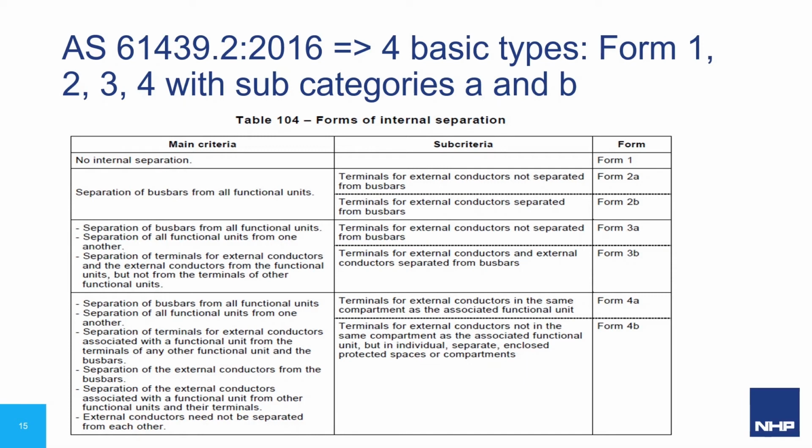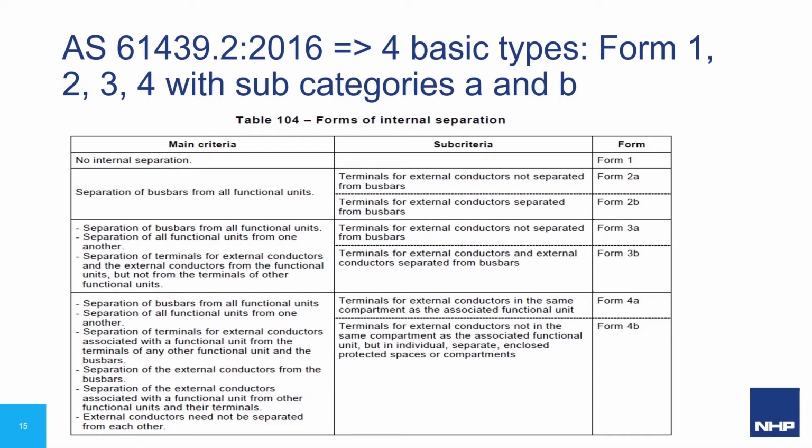Table 104 in 61439 lists the forms of separation, as can be seen in the far right column. This is the name of the form and will describe how the elements we have defined will be separated from each other. The number alone specifies the main criteria, as can be seen in the far left column.